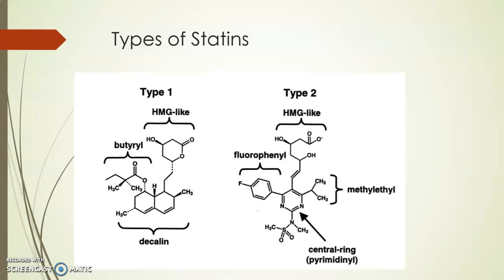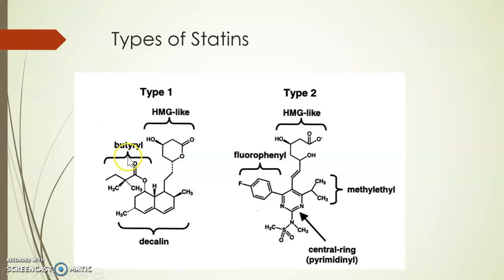So here we have our different types of statins. You may remember seeing the differences between these. So these are like the first ones that we were looking at, the ones that were fungal metabolites. They weren't synthetic, they were organically made. And so type 1 and type 2 both have the HMG moiety here and here, but they definitely differ in these parts.